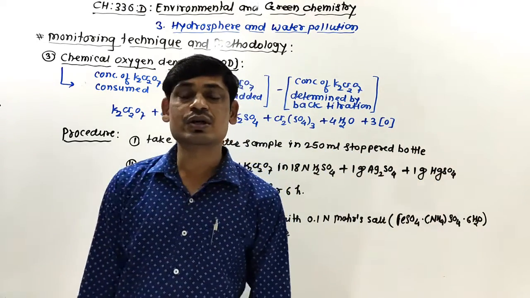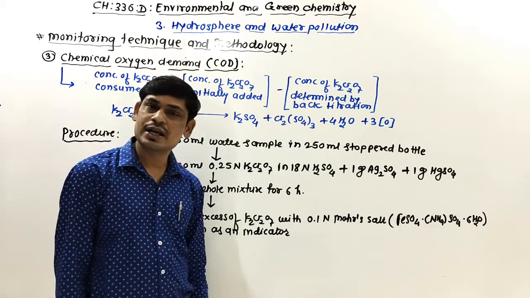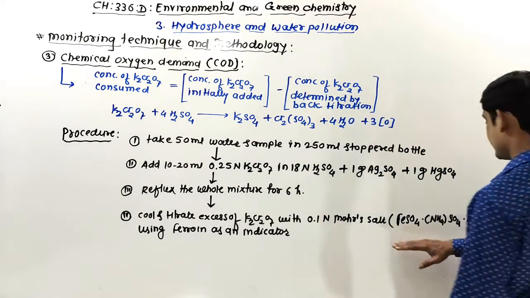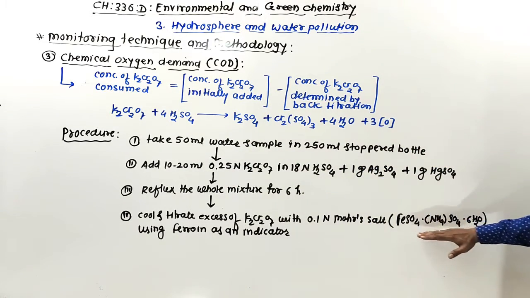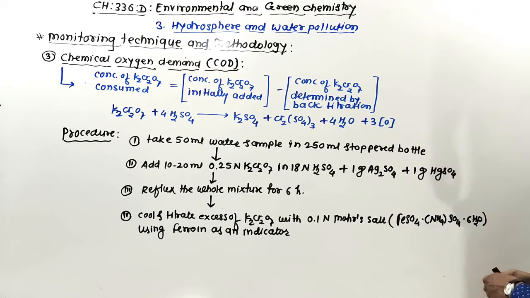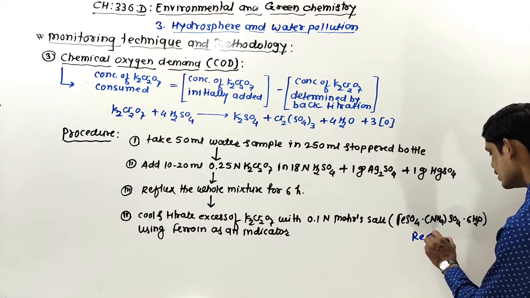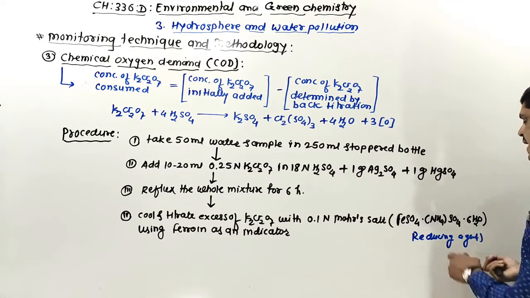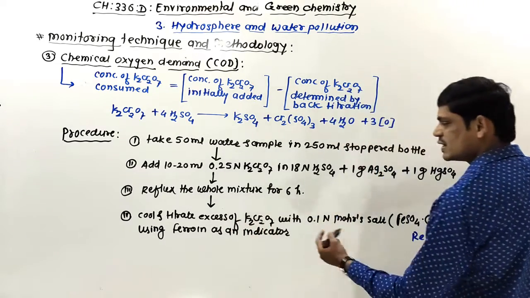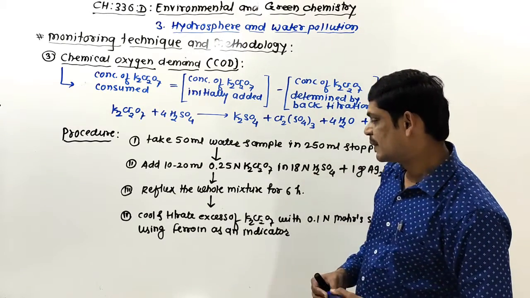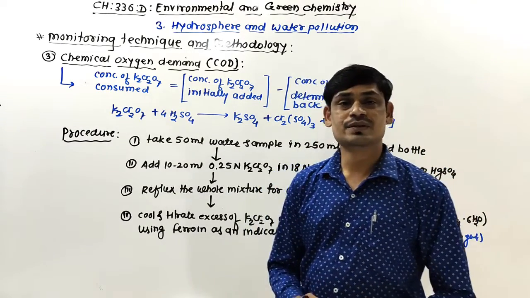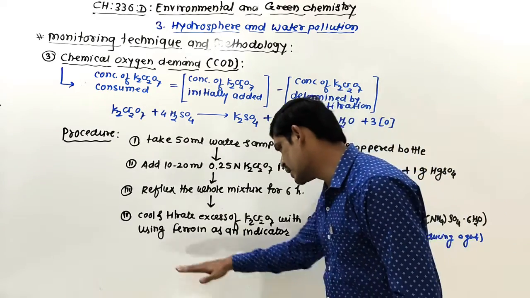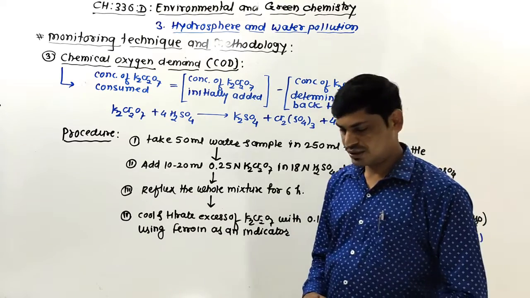Here the Mohr's salt used is one of the reducing agents. The Mohr's salt is nothing but ferrous ammonium sulfate, and it acts as a reducing agent. So by titrating with the reducing agent, the oxidizing agent can be calculated, and the end point of this reaction can be observed by using ferroin as an indicator.